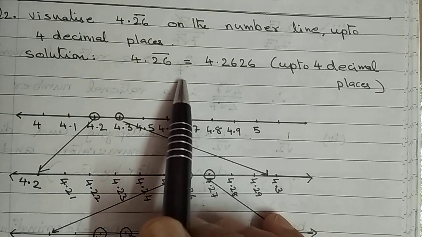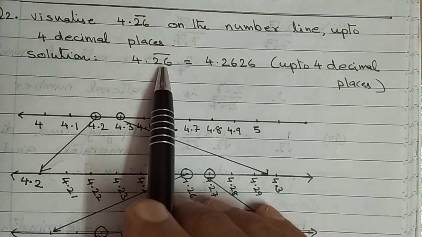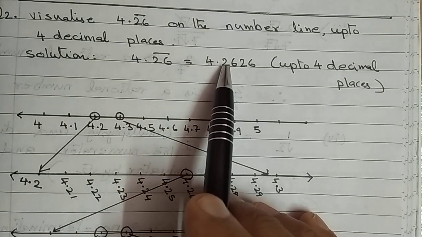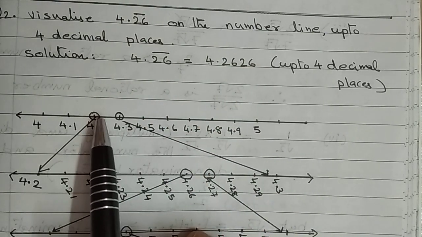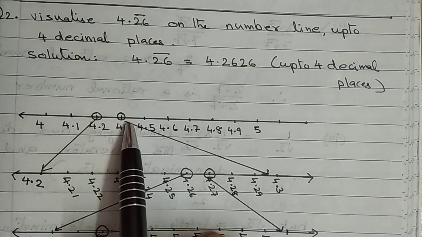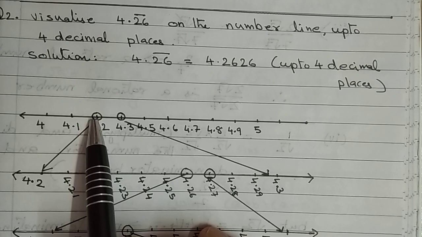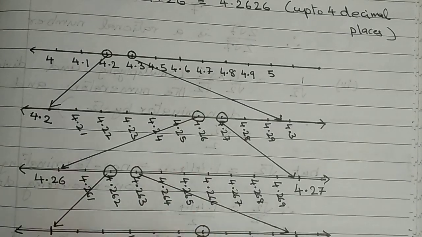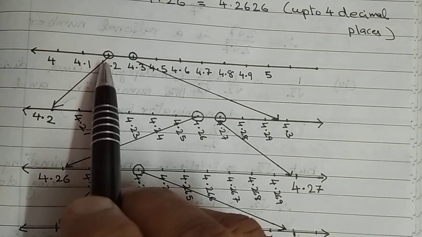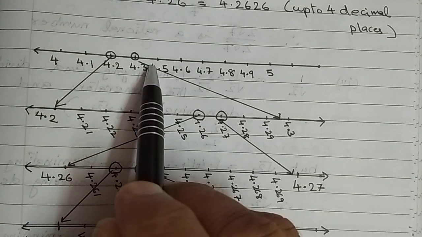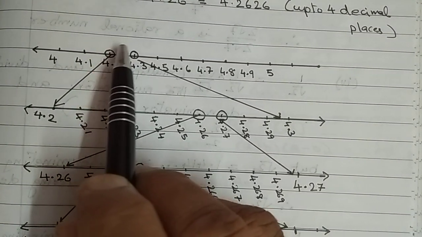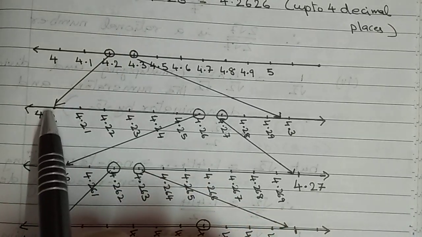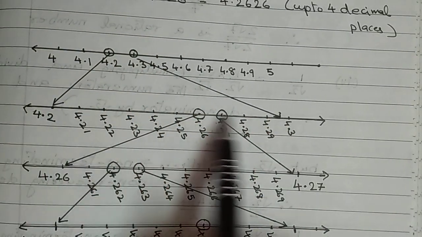And 4.26 bar, or 4.2626, is in between 4.2 and 4.3. We circle the points 4.2 and 4.3 and the portion in between 4.2 and 4.3 is enlarged in the next number line.